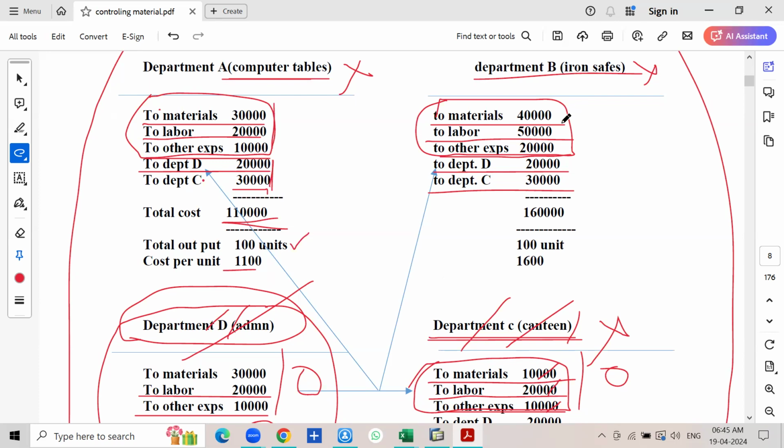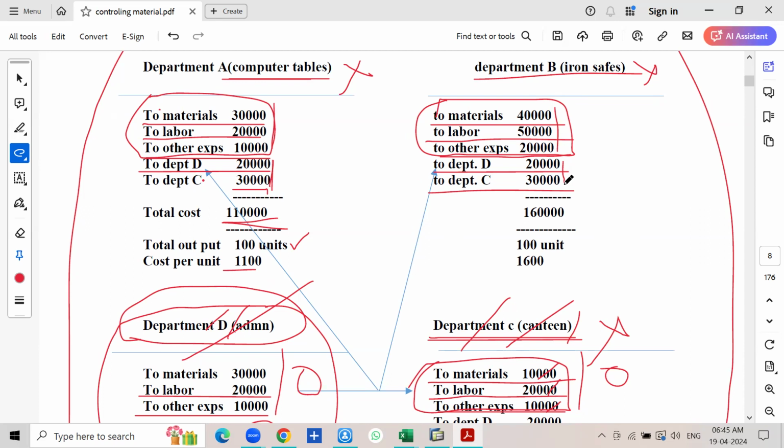Similarly, in department B, these three expenses are direct expenses, right? Then it has received 20,000 from department D and 30,000 from department C. These two costs are called indirect cost. Indirect cost means overheads. So direct material, direct labor, direct expenses plus overheads.